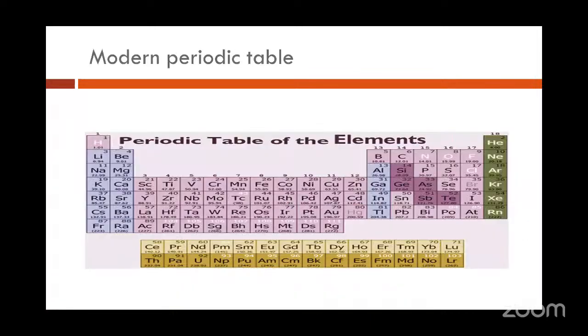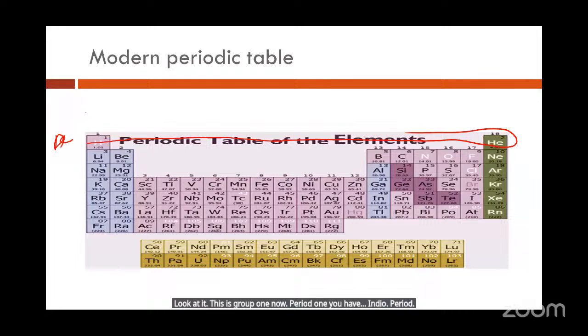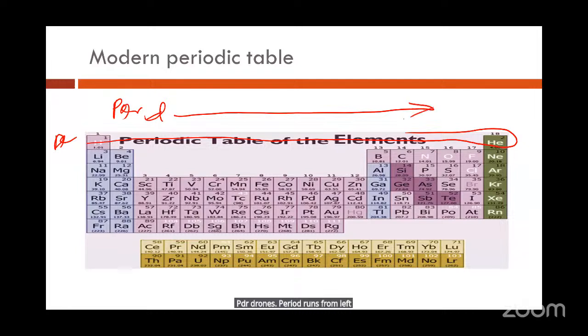Period runs from left to right. Group runs from top to bottom. So the table you are looking at is a modern periodic table.